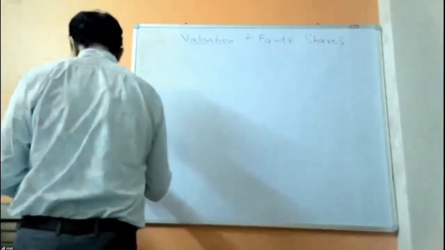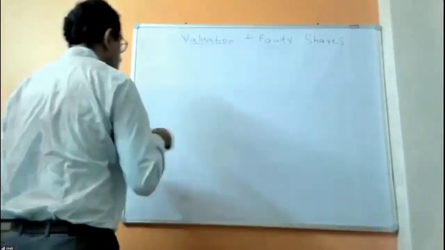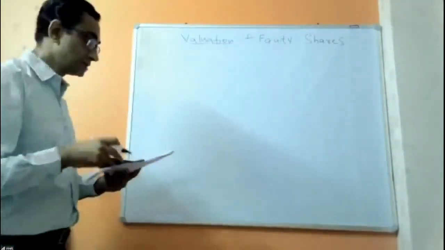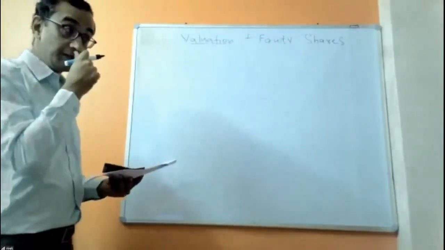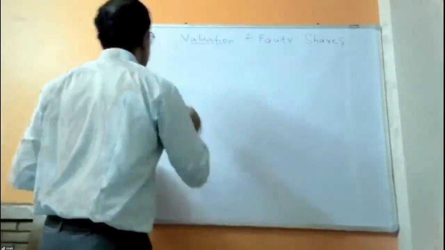So let us proceed and solve the third question on the basis of the formula which is given in my presentation slide also, and which is there in the study material also.